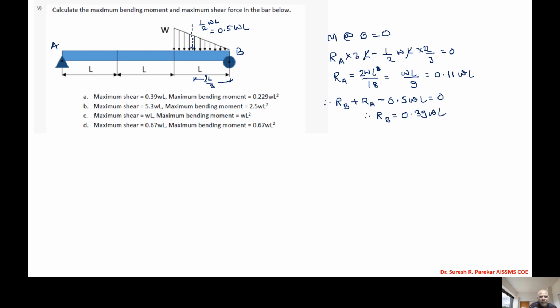And this will be my maximum shear force, because any one of the reactions will be the maximum shear force.